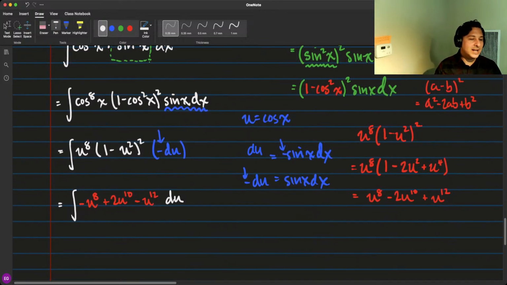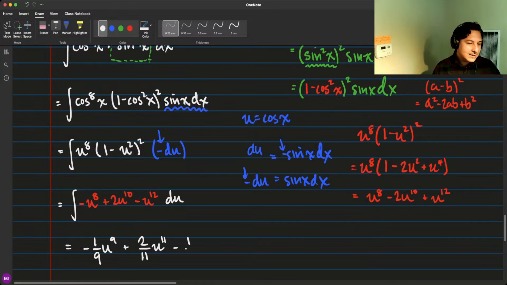And then you realize, I can actually integrate this. So what am I going to get? I'm going to get minus 1/9 u to the 9th plus 2/11 u to the 11th minus 1/13 u to the 13th plus some c.